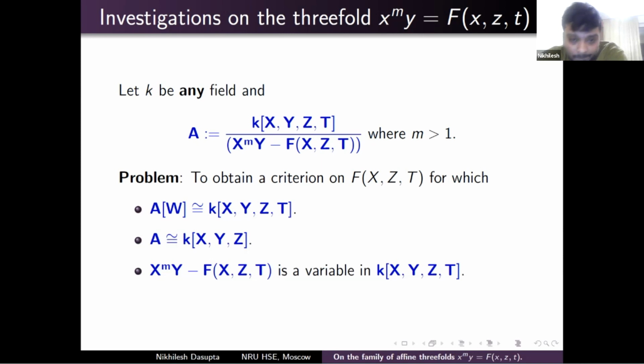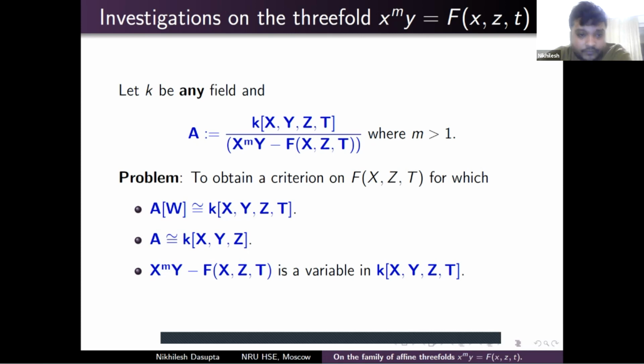So for example, suppose by some results or criterion, we have a situation where A[w] is k[x, y, z, t], but A is not isomorphic to k[x, y, z]. What we obtain is a counterexample to the Zariski cancellation problem for n equal to 3. There is another interesting problem.